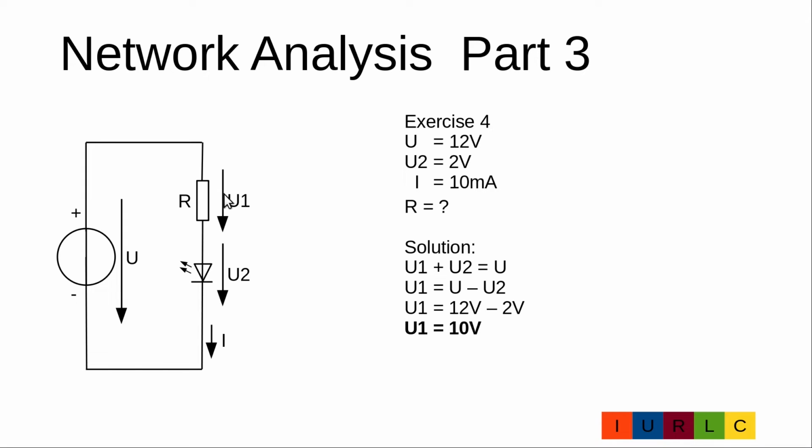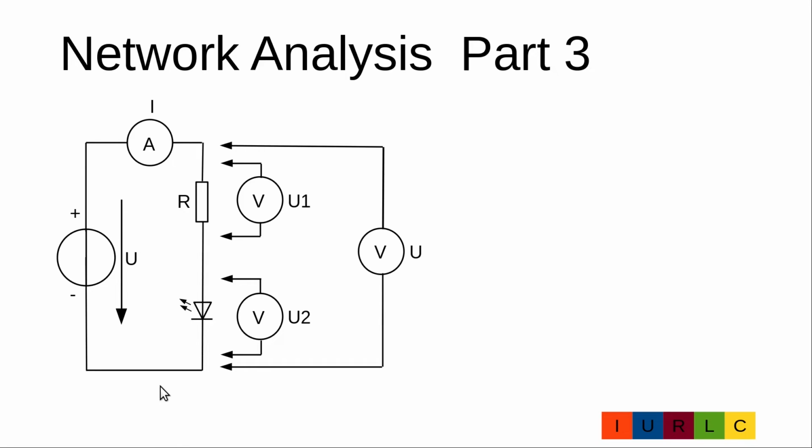Now we know U1 and I in the Uri triangle, U is at the top and I at the bottom, so R is U1 divided by I. With concrete numbers, R is 10 volt divided by 10 milliamp, R is 1000 ohm.